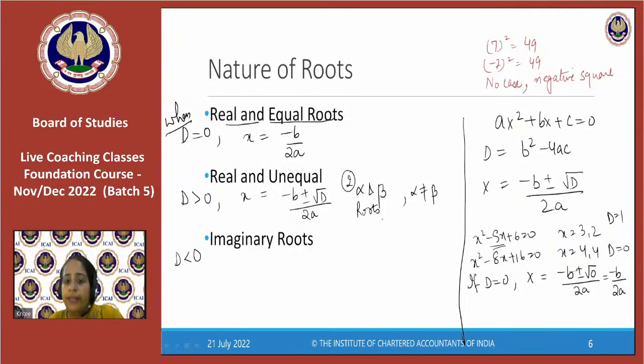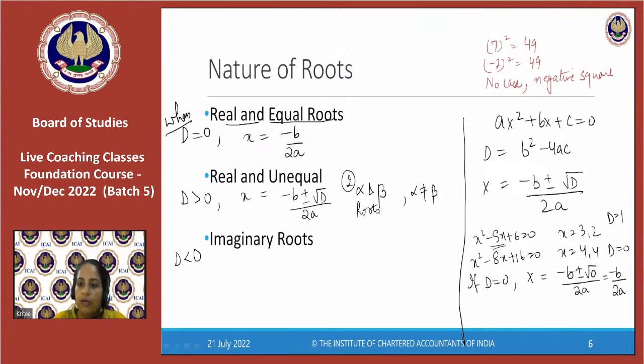That's the reality, that's the fact. You will never get a negative square. But this is maths. What if we actually have a number which will give you a negative square? So now what will happen? This is not going to happen actually, but then what do we do here?